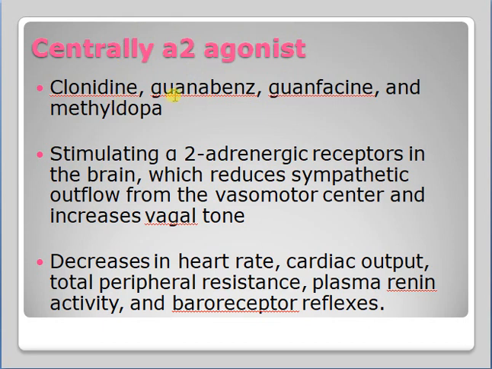Examples of drugs that come under this category are clonidine, guanabenz, guanfacine, and methyldopa. They stimulate the alpha adrenergic receptors in the brain, and due to that there will be reduction in the heart rate, cardiac output, peripheral resistance, renin activity, and baroreceptor reflex, which can be utilized for minimizing the complications associated with hypertension. Since release of catecholamine is inhibited, its response will also get inhibited.